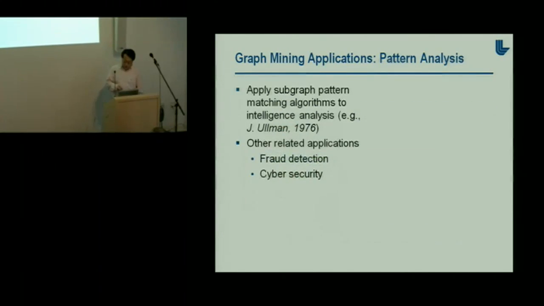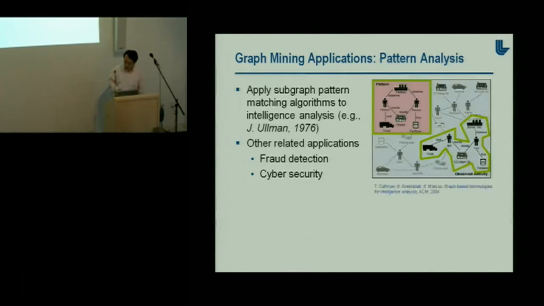Another area of graph mining is pattern matching. In pattern matching, you are given a pattern and you want to find all the instances of subgraphs that match this pattern. This is one example of graph pattern matching. The pattern says that you have two guys living in the same house, and they're monitoring and watching some factory or national monument. One guy rented a truck, and the other guy bought a large quantity of fertilizer.